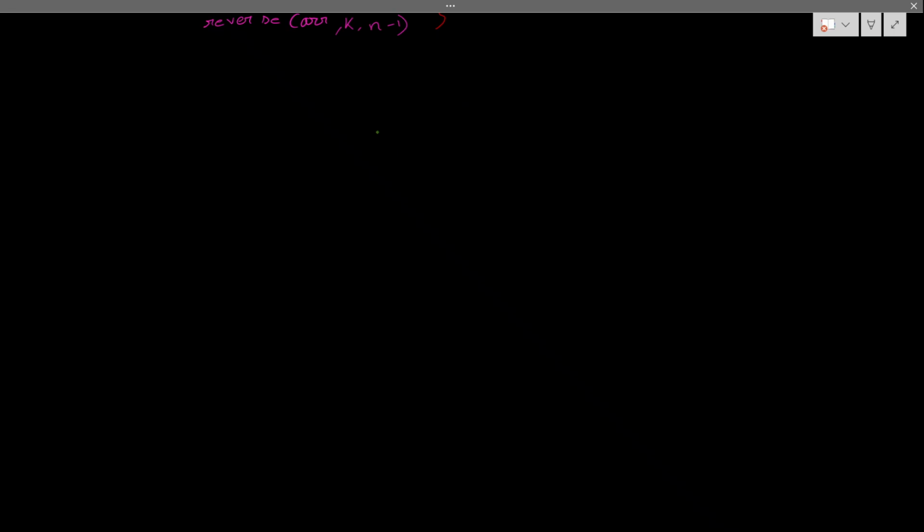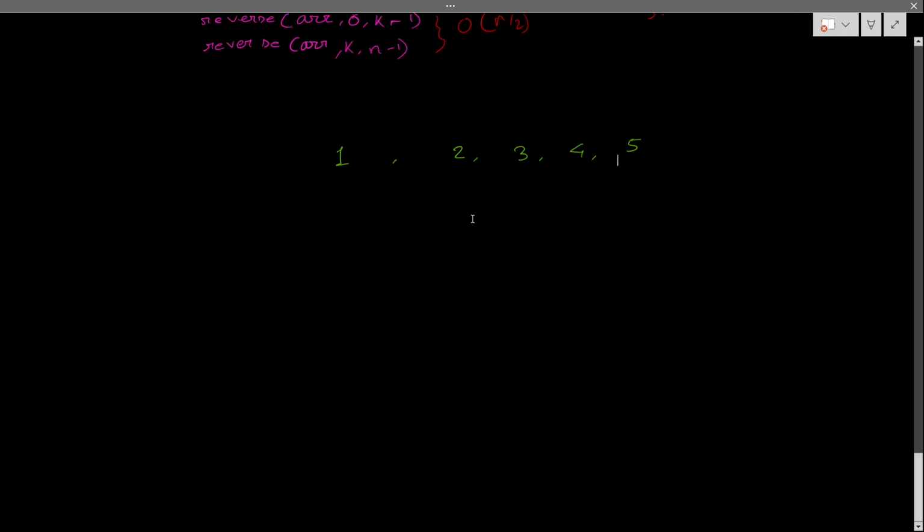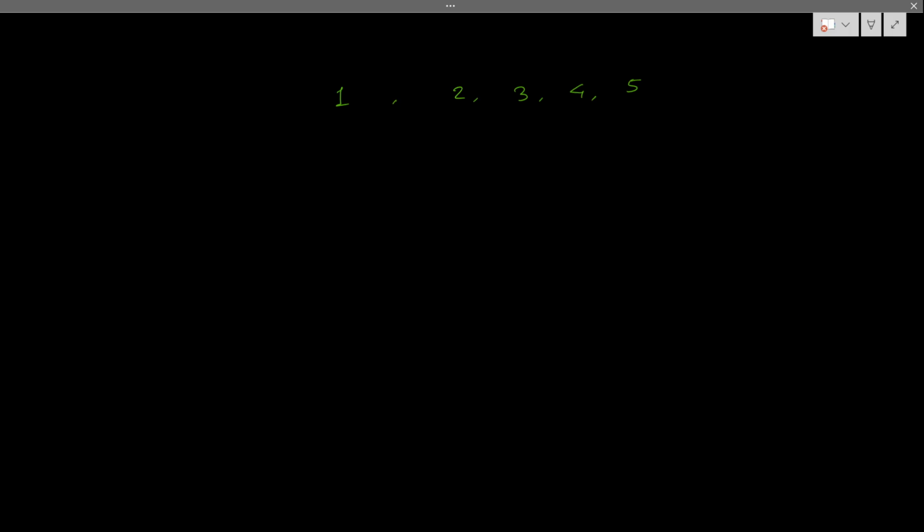Okay, so if my array is 1, 2, 3, 4, and 5, on the left side I am doing left rotation, and on the right side I am doing right rotation.